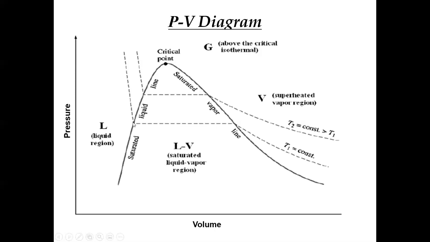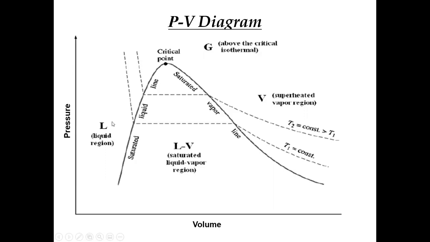Or you can think about it as being compressed. If I'm out here, I've got an isotherm coming down here. The pressure would have to get down here for that isotherm in order to be saturated. So I am compressed. I am at a higher pressure given that temperature. So you can define these states either by thinking about compressed liquid or subcooled liquid. It's really different sides of the same thing.